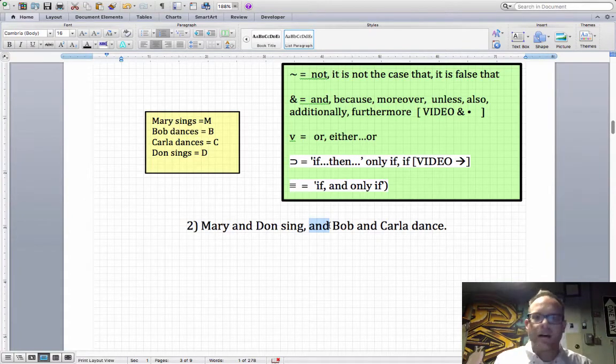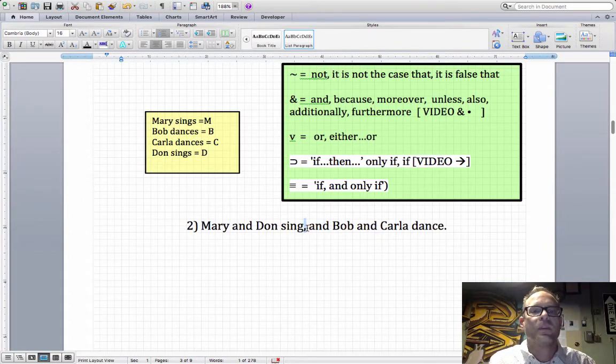Whenever we see a comma, like we see right here, with Mary and Don sing, comma, and Bob and Carla dance, this little comma means, hey, you guys get together. So Mary and Don sing. That means it's a conjunct on its own.